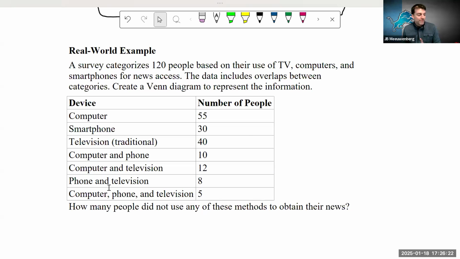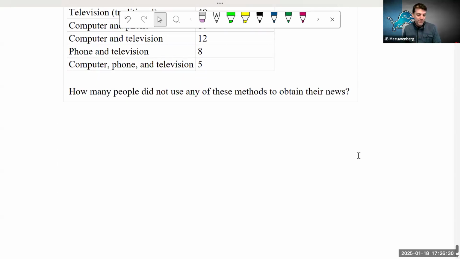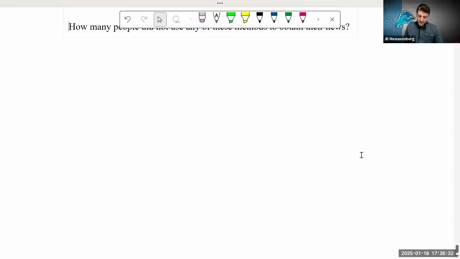And eventually what we're going to figure out is this question. How many people did not use any of the methods stated to obtain their news? All right? So I'm going to start this for you, and then I'll let you try to finish it.